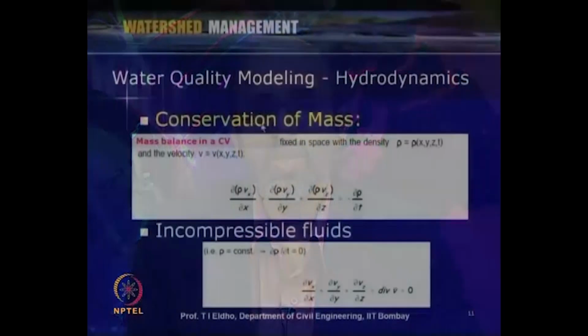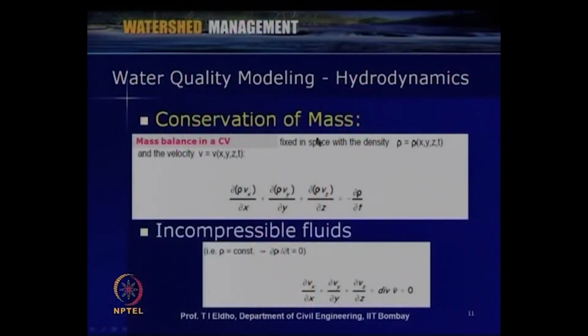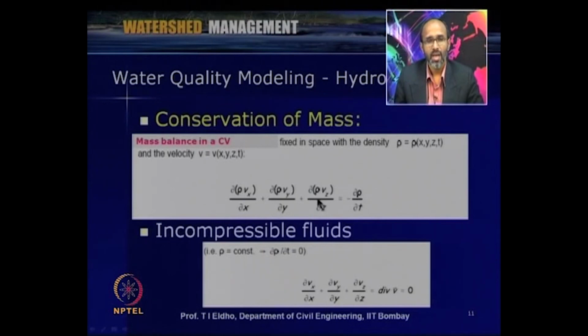As far as hydrodynamics is concerned, generally we can represent the governing equations in terms of conservation of mass and then conservation of momentum or conservation of energy. Conservation of mass, generally the so-called continuity equation, we can derive as shown in this equation. Here Vx, Vy and Vz are the velocity components in x, y, z directions, rho is the density and t is the time.